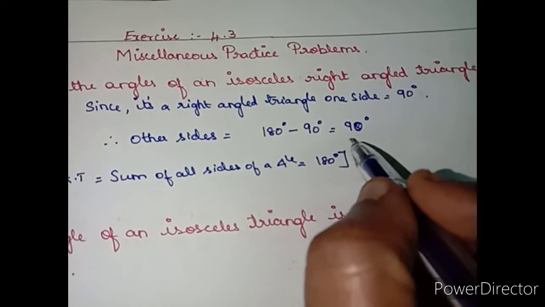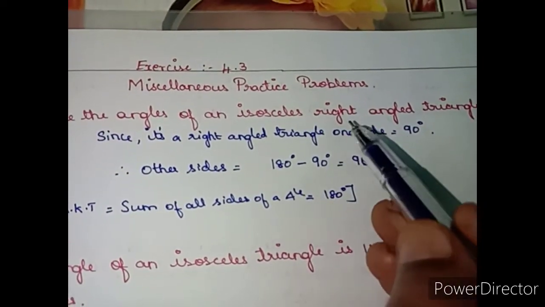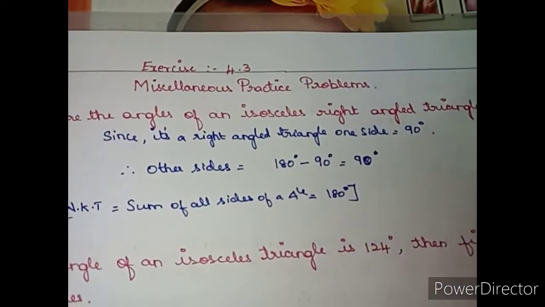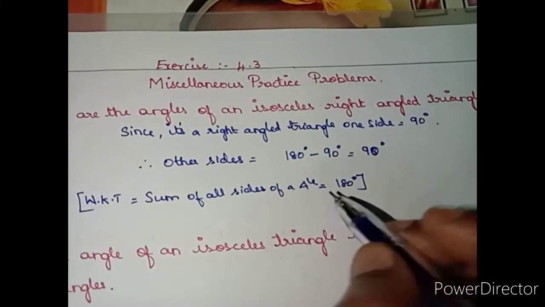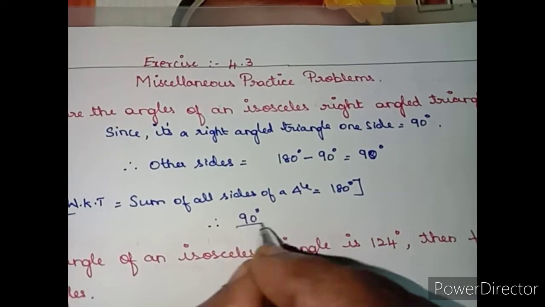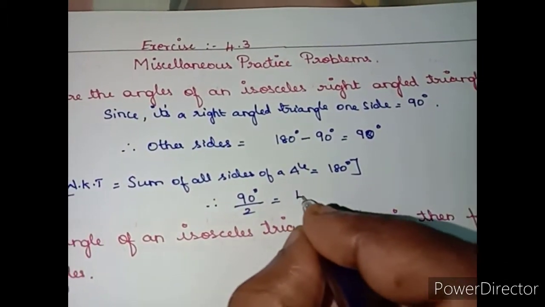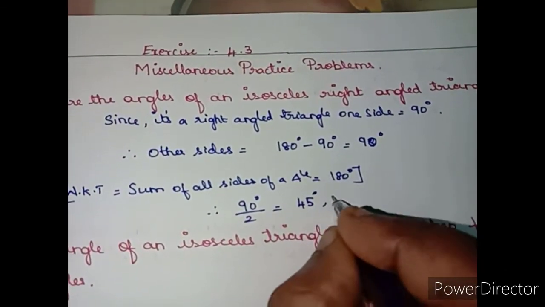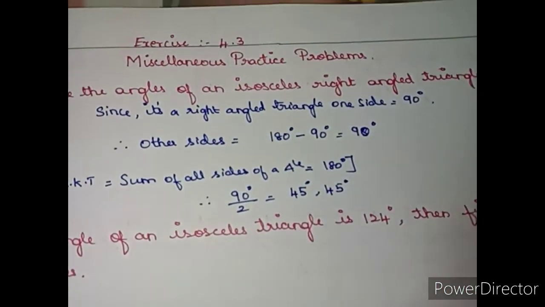This we have to divide into 2. Isosceles we know exactly two sides will be equal. So 90 degrees divided by 2 is 45 degrees and 45 degrees.